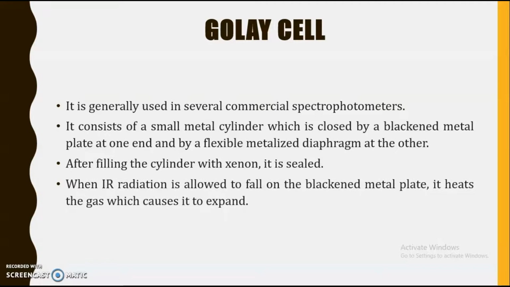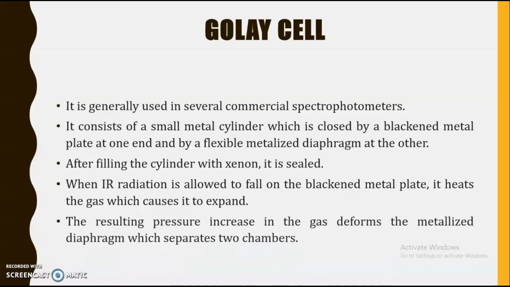Now when IR radiation is allowed to fall on the blackened metal plate at one end, it hits the gas, which gets heated and expands. Due to the increase in pressure, the metallized diaphragm moves, and as it is flexible, it separates the cell into two chambers.